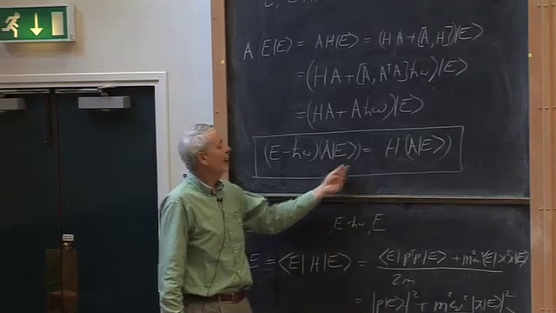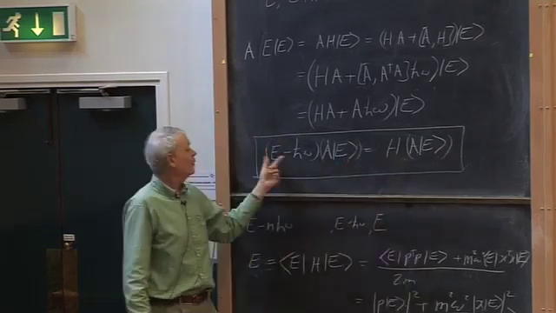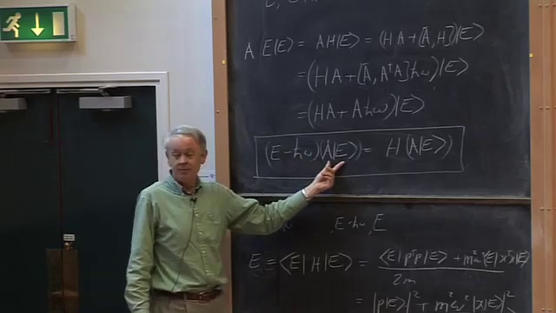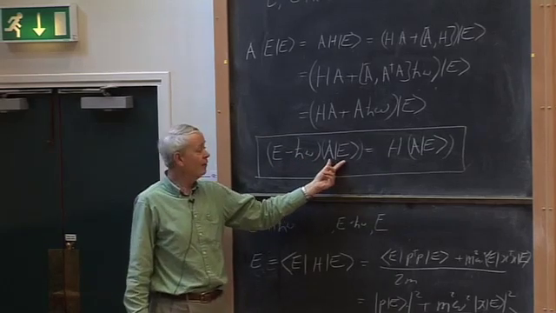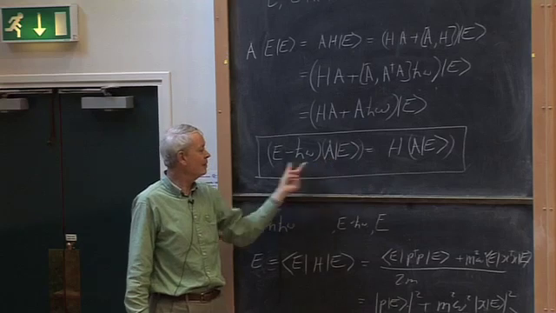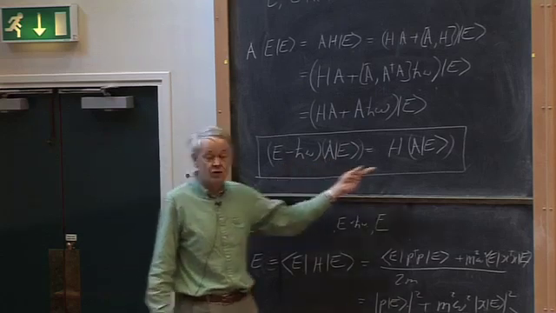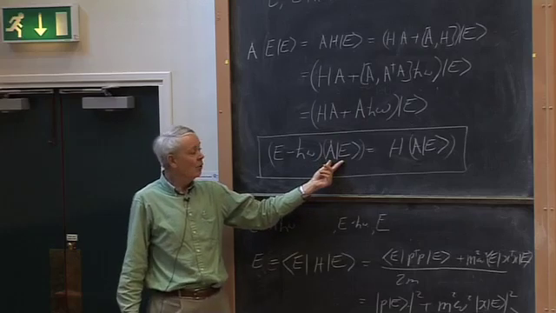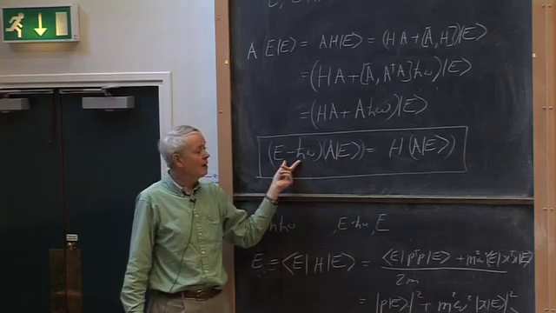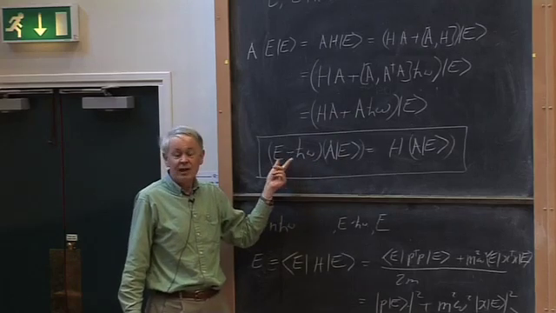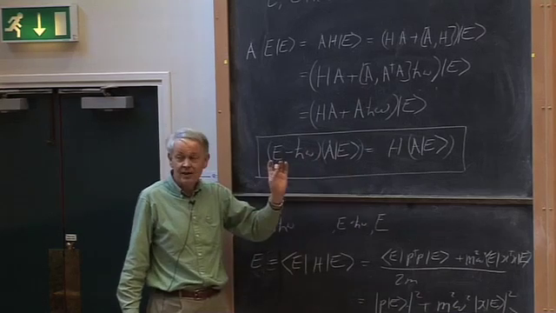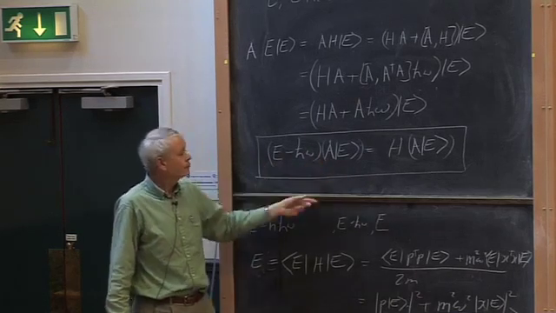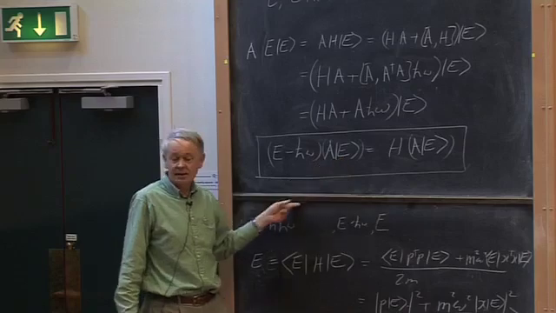Then, because H on 0 is equal to any number you like on 0, if this is 0, this equation does not establish that this is an eigenvalue of H, right? But that's the only circumstance in which this equation would not establish that this was an eigenvalue of H. So for the lowest energy, the ground state energy, it has to be that A kills it.